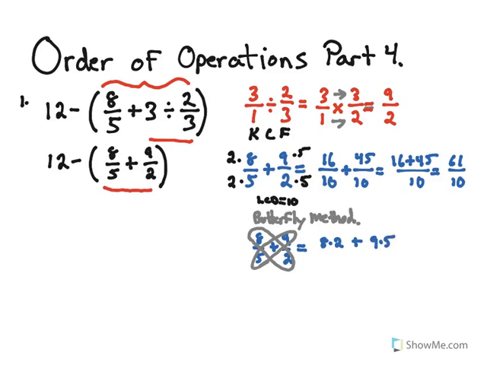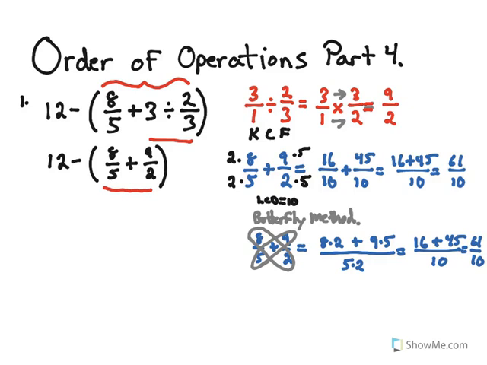When you multiply the 8 and 2, it doesn't matter what order, as long as the two get multiplied, and then we add 9 times 5 or 5 times 9. Then you take the two denominators and multiply them together. When you simplify this, 2 times 8 is 16, 9 times 5 is 45, all over 10, and if you add those, you still get 61 over 10, which is what we got earlier.